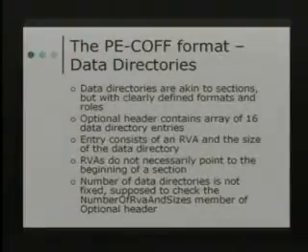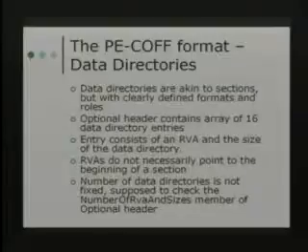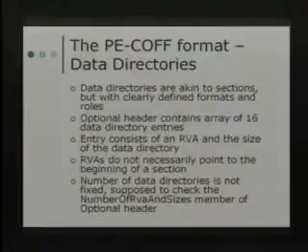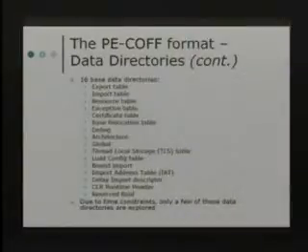And we also have the number of RVA and sizes member of the optional header, which we should actually be checking to determine how many data directories are actually there when going through and parsing it. Getting into it, we have the 16 base data directories, which are the export table, import table, resource table, et cetera.